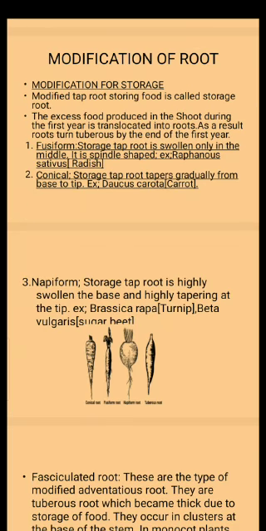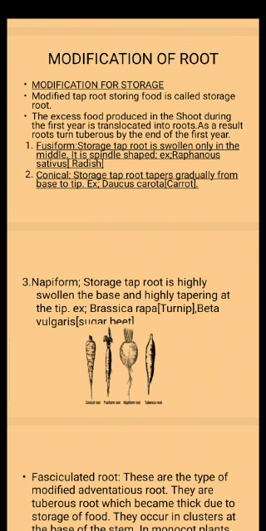Napiform root, storage taproot is highly swollen. You can see the picture of this napiform. Napiform means a top-like structure, where food storage takes place, swollen at the base and highly tapering at the tip region.